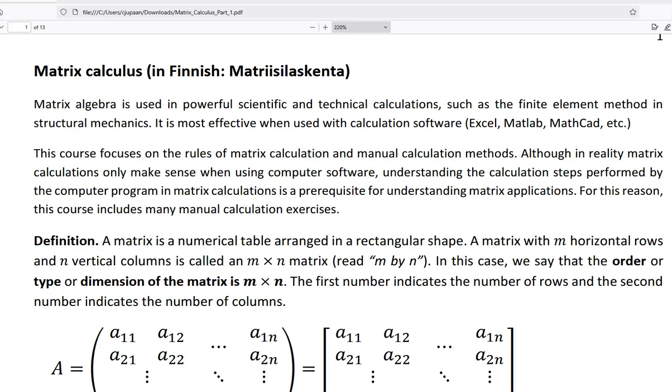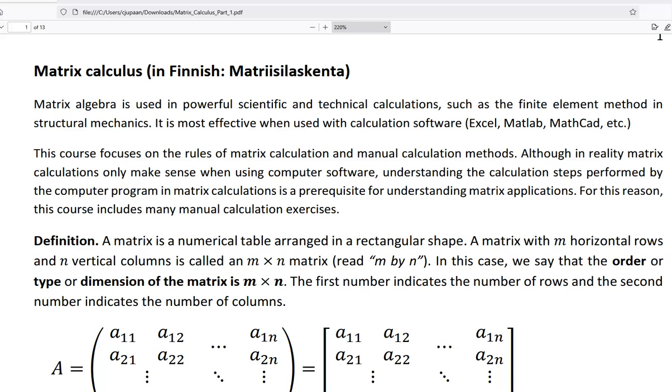But this matrix algebra is quite a powerful method to solve many problems concerning, for example, technical calculations. There are some examples there.